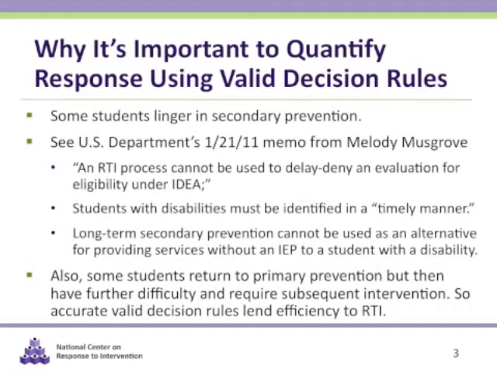In fact, they are not responders, and they emerge again as requiring secondary prevention. And we want, to the extent possible, to avoid this ping-ponging back and forth between primary and secondary prevention with accurate, valid decision rules for determining who is and is not responding.